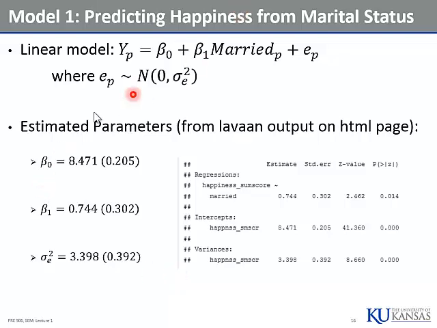The intercept that we estimated was 8.471. What does it mean? The mean of the non-married. That is the mean happiness of somebody who is not married, because beta 0 is always the predicted value when all the predictors are equal to 0, and we coded married as 0 for somebody who's not married.